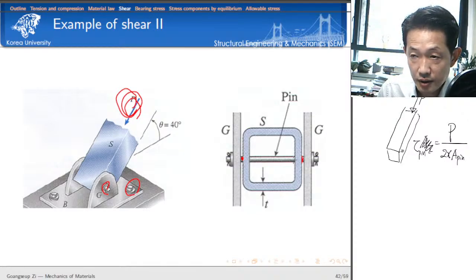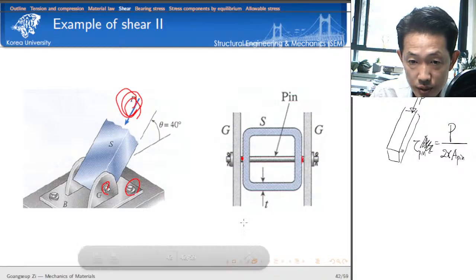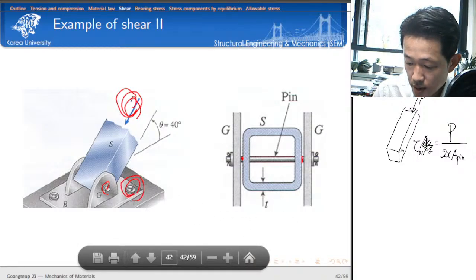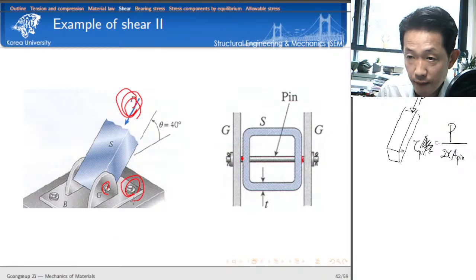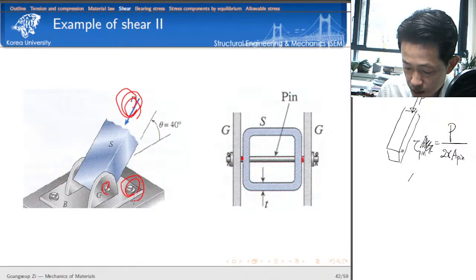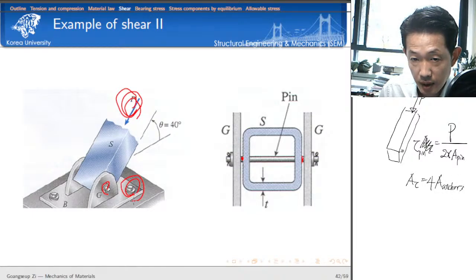Then how do you calculate the shear stress of the bolt, the anchor bolt? How many anchor bolts do we have? We have 4 different anchor bolts. So the area of shear for the anchor bolt is 4 times the area of an anchor bolt. Then what is the shear force?